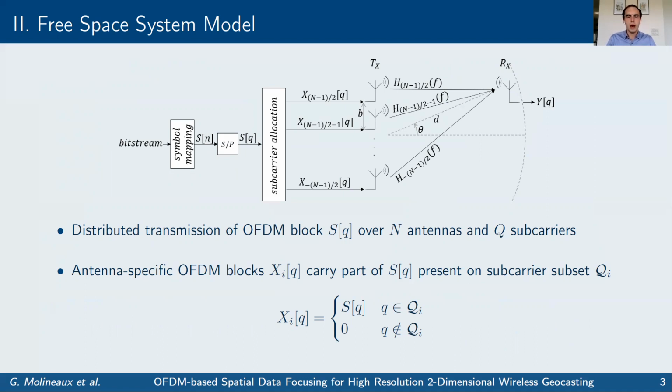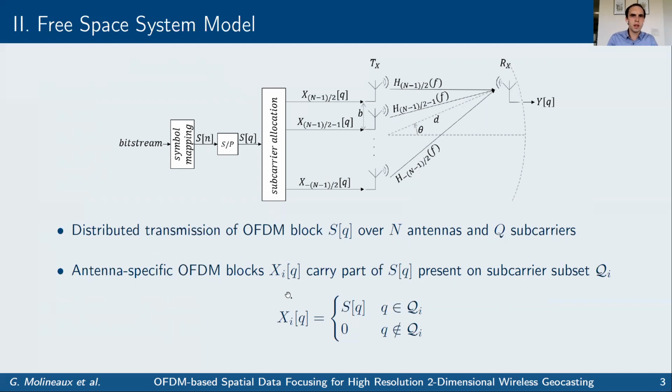This can be done, as was previously already investigated, by using time slots and transmitting each time slot over a different antenna. This is time-based spatial data focusing. However, for OFDM-based spatial data focusing, an OFDM block SQ is transmitted over n different antennas using as a resource the Q subcarriers that are used in OFDM.